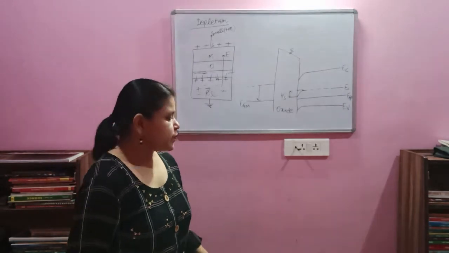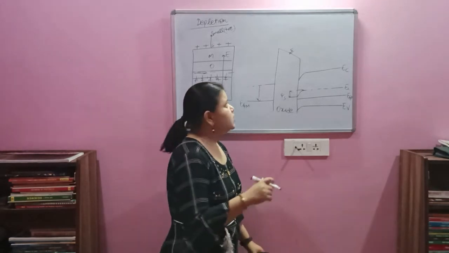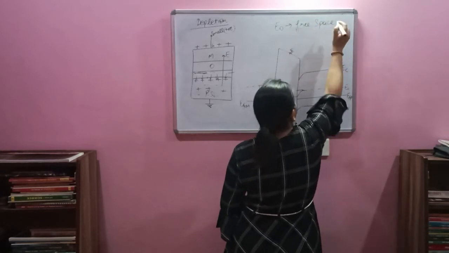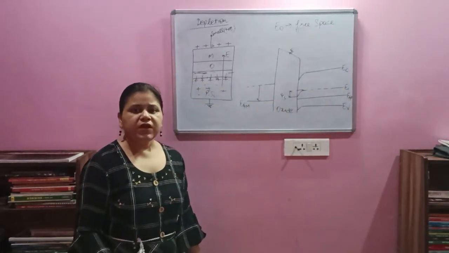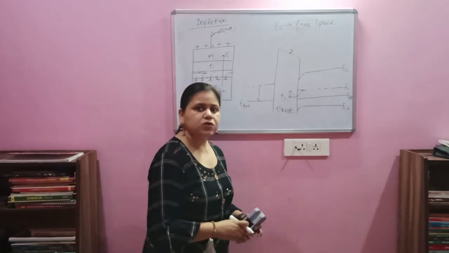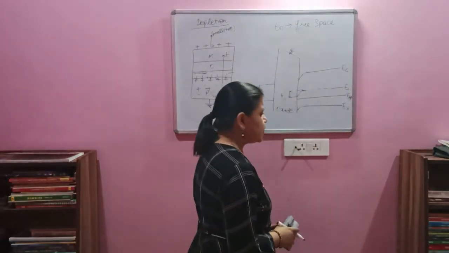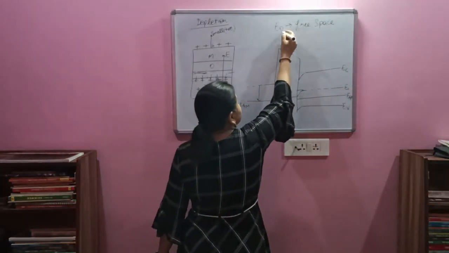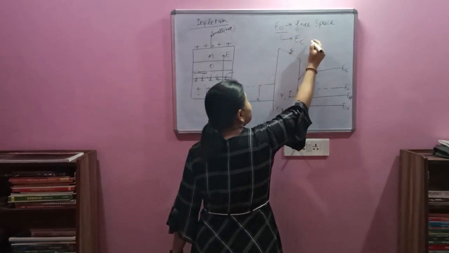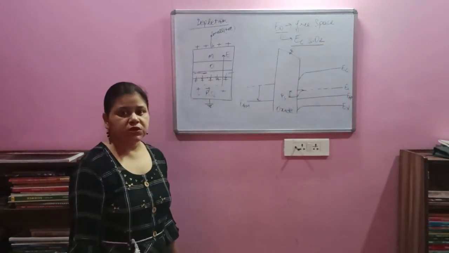So now if we are drawing this band diagram, rather than considering free space, which we have seen is noted as E naught, we take the conduction band of the SiO2 as a reference of free space. It means all the bands drawn over here are calculated with respect to the conduction band of the SiO2. So this is a very important thing to be noted.